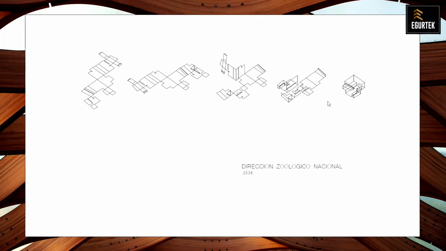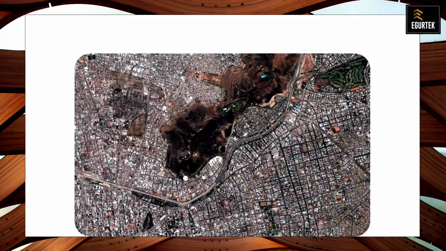This cube, which has a spatial structure, if you unfold the sides, it offers a spatial complexity that is related to the outside. This is metropolitan Santiago.